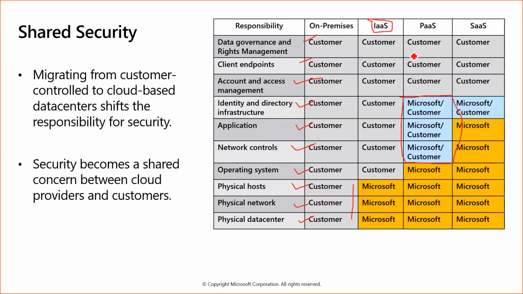In case of software as a service, just take an example of Outlook. In this case also there will be a shared responsibility, but up to the application layer, the security lies with Microsoft. When it comes to identity and directory infrastructure, there is a shared responsibility between the cloud provider and the customer. Others like data, client endpoints, and account and access management are the customer's. For example, in our organization, the security of the emails or SharePoint data we have lies with us.